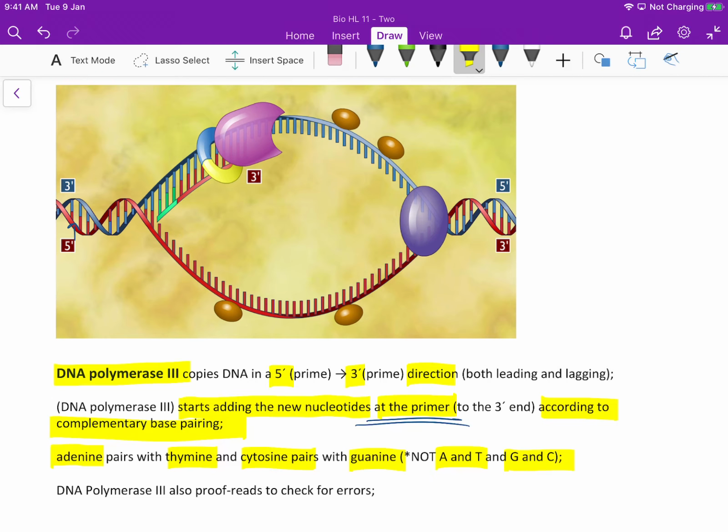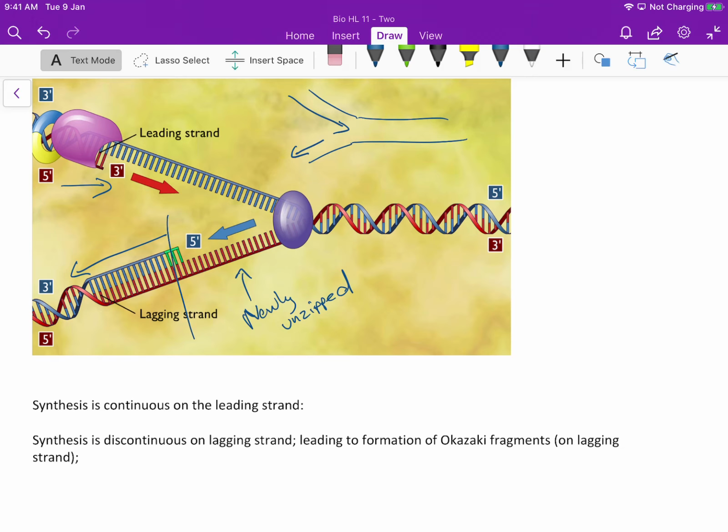The other thing that it does, so this is a high-level statement, is that it also checks, it proofreads, it checks for errors. So as it adds in the nucleotide, it checks that it's the right nucleotide. And because of the DNA polymerase only being able to go one direction, synthesis is continuous on the leading strand because it can go towards the zip, but synthesis is discontinuous on the lagging strand.